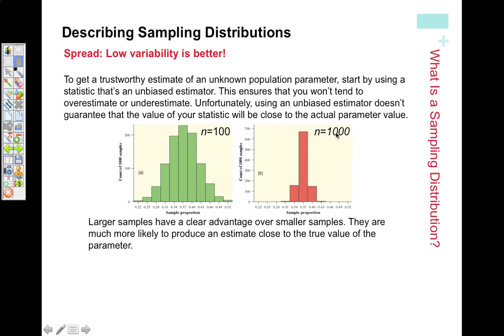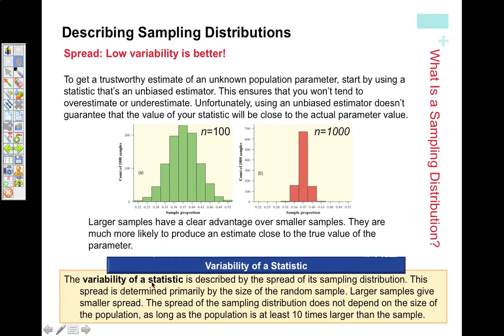For a sample size of 1,000, we get this distribution. Much smaller, much more likely to produce an estimate close to the true value. Note there's much less variability in this distribution than this one. So we want low bias and large number of trials. Less bias, more trials means better estimate. And that should make sense, guys. We've talked about these sorts of things before.